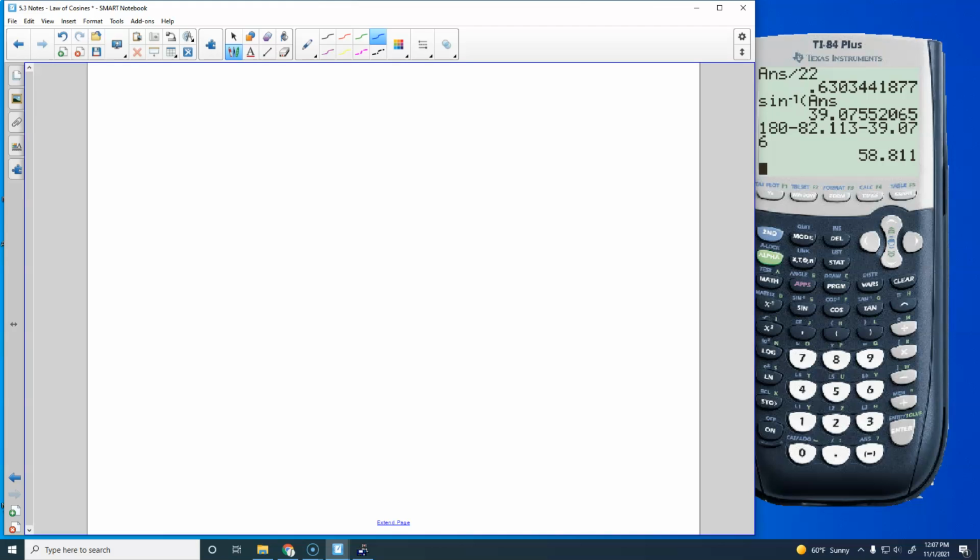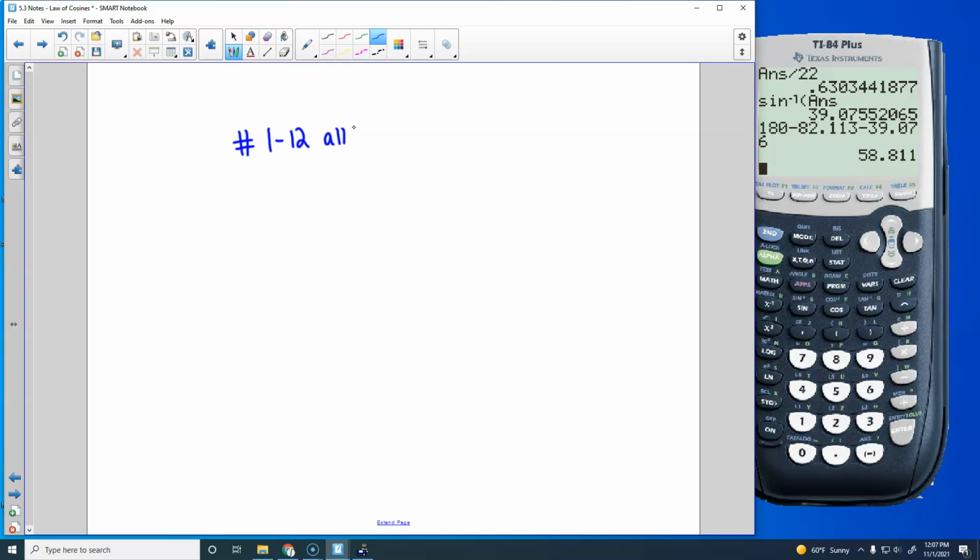Okay, so on this worksheet, I want you guys to do number 1 through 12 all, because on 1 through 12, you've only got to find one thing. It's not asking you to find all the sides and all the angles.